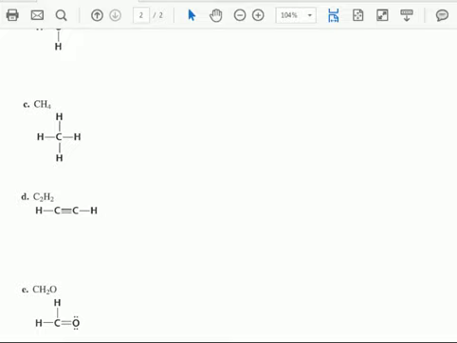And so there are 2 different carbons here that each have 3 unpaired valence electrons. So each of those valence electrons is going to pair up with a valence electron from the other carbon. Since there are 3 unpaired valence electrons in each carbon, we're going to form 3 bonds. And so that's how we know that we have a carbon-to-carbon triple bond.